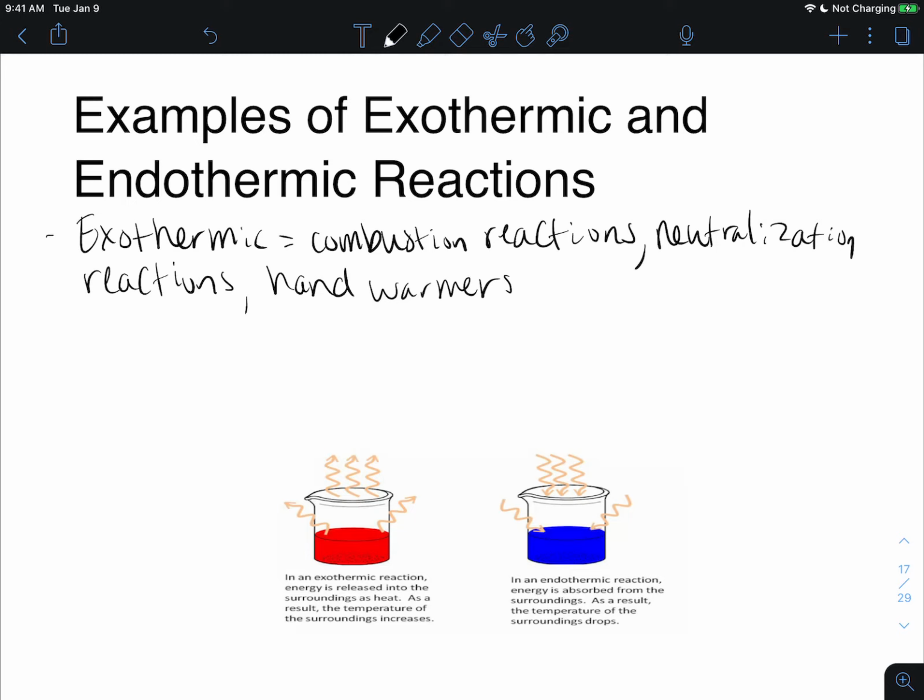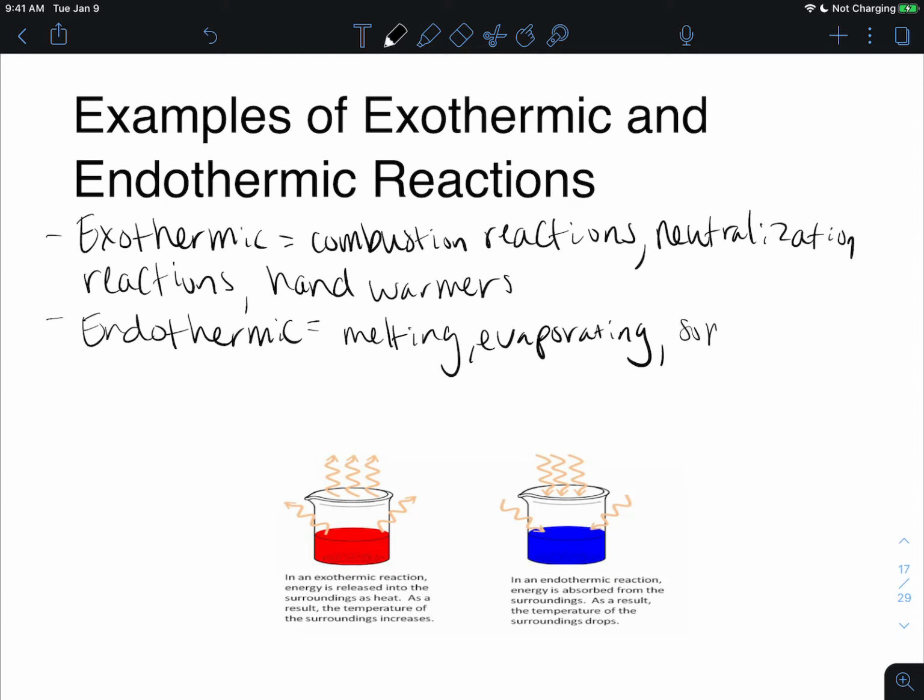Some endothermic examples are going to include melting, evaporating, and then some dissolving processes. Which brings us to the idea of cold packs. Cold packs are generally, not all of them, but generally a dissolving process that is endothermic.